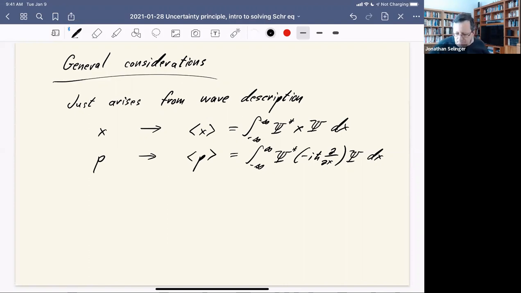And one way to interpret it is to say that the momentum corresponds to a wavelength of the wave.